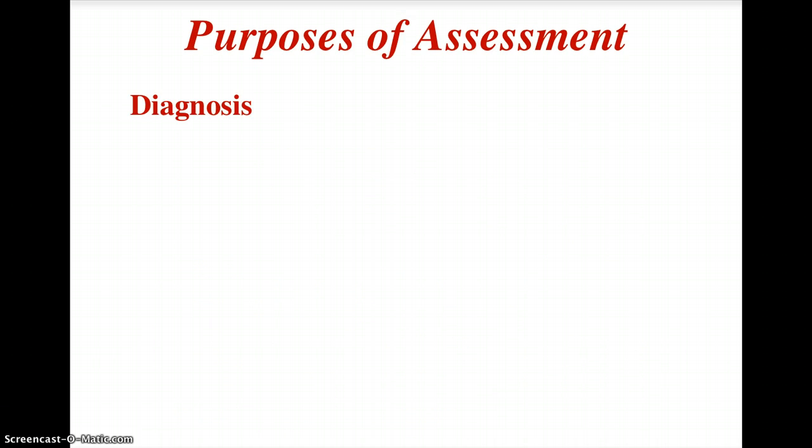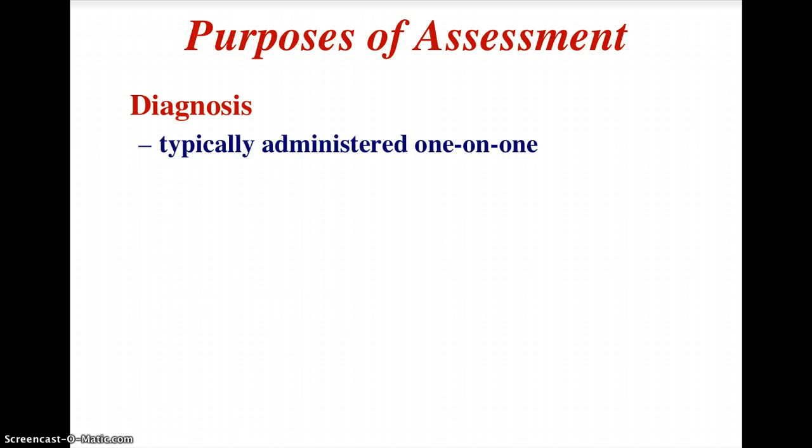The second purpose of assessment is diagnosis, and this is used to diagnose various disabilities, various areas of reading disability. Intelligence testing sometimes is involved here, so if you think about the intelligence tests that you learned about in your assessment course, that's what this is.